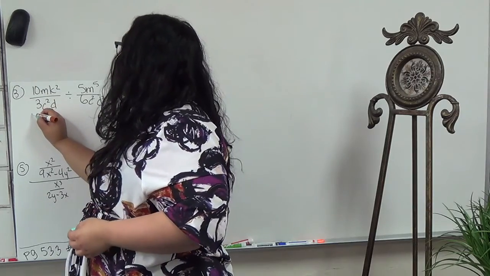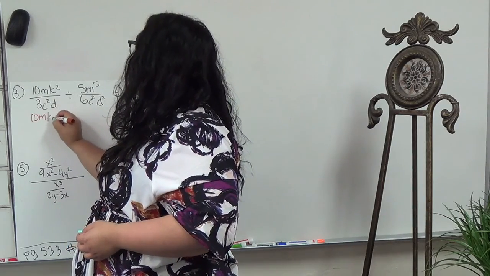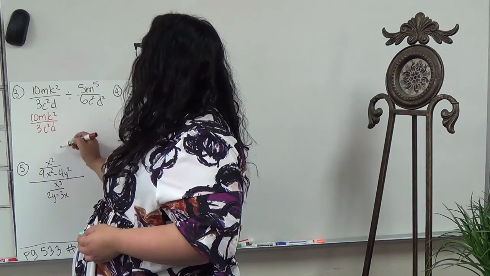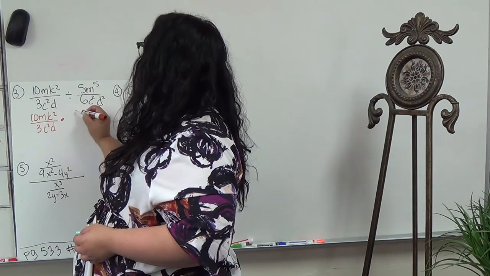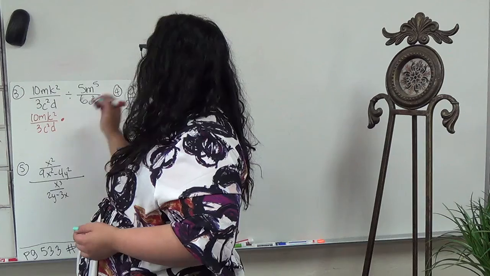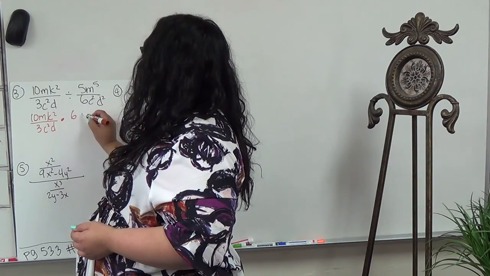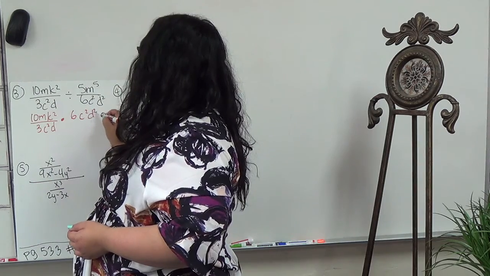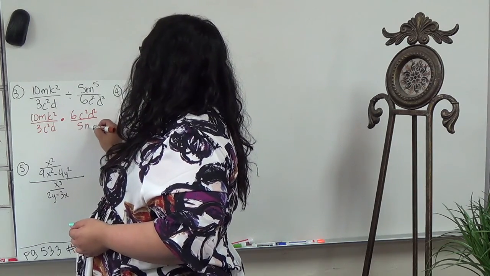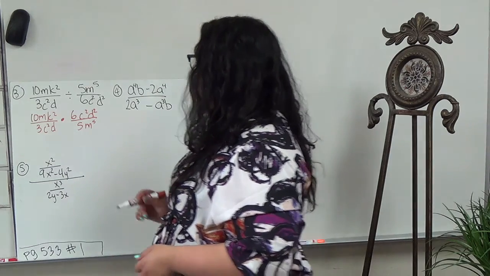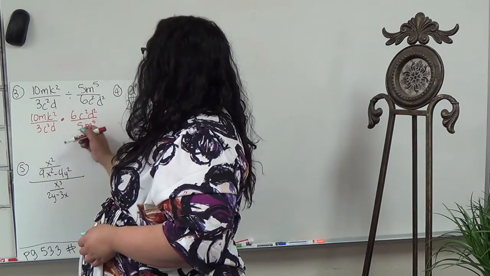So I take the first one, k squared over 3c squared d, and then I multiply it. Or I can cross multiply, it's up to you, but I'm going to flip the second fraction and then multiply. Then I can see what they have in common. So I'm going to put this all over 1.